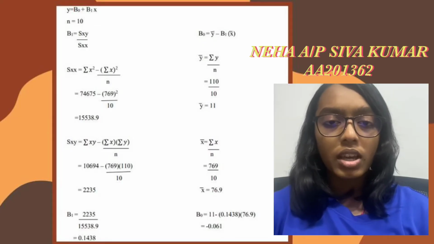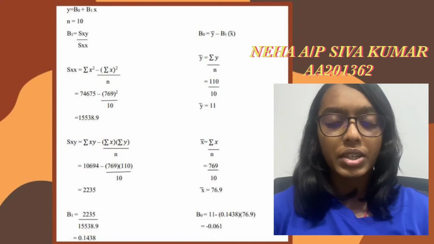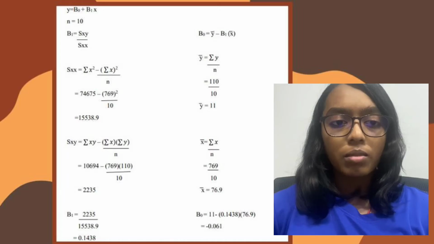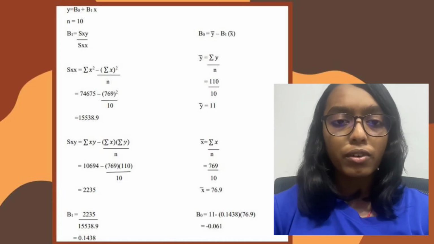My name is Neha Anna Pompat Sivakumar. My matrix number is AA201362. I'll be explaining question 4, which is to use the least square method to find the regression line.